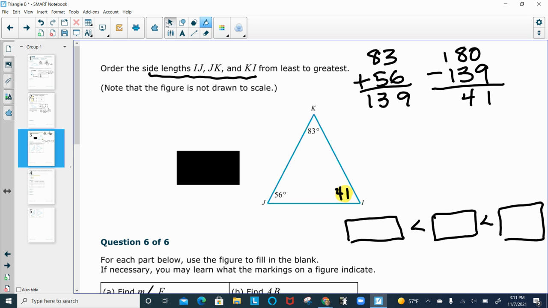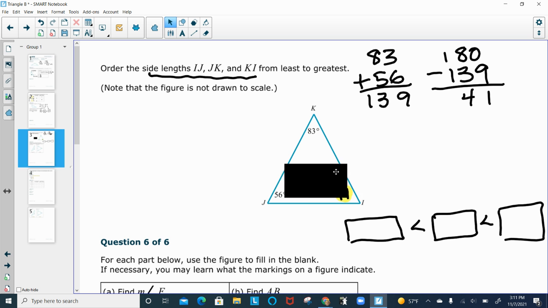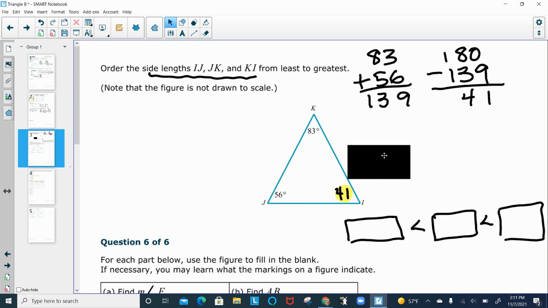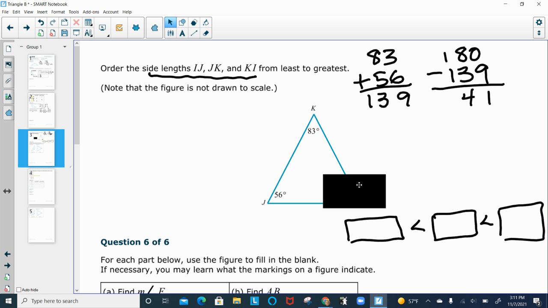There we go. Okay, so what I'm going to do is I'm going to cover up the small angle. And see, the 41 is the smallest angle. So I'm going to cover it up. And then the question is, which side is peeking out at me? Is it IJ? Is it JK? Or is it KI?